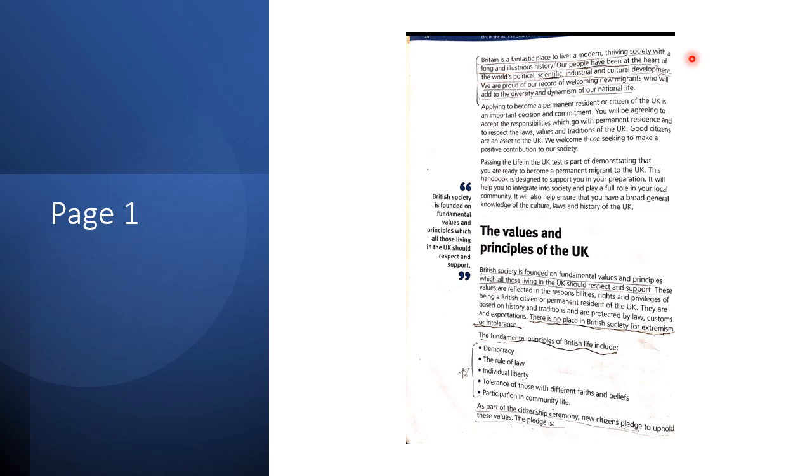And obviously this sentence will come as a whole. A modern and thriving society. So try to pick the option which has thriving society, because the question will have modern, thriving society and long and illustrious history. This will come together. They can't separate that.